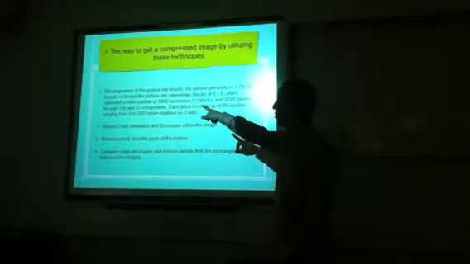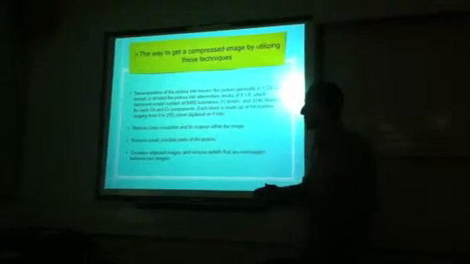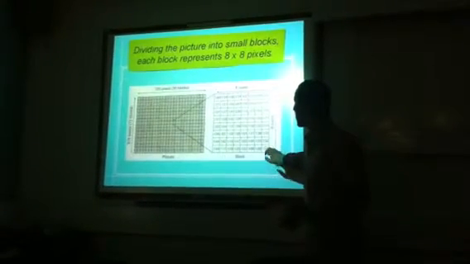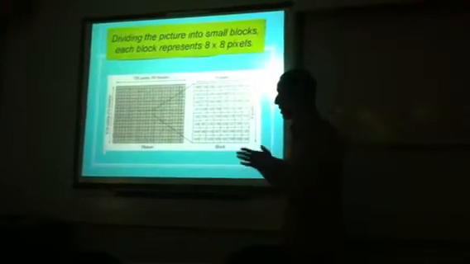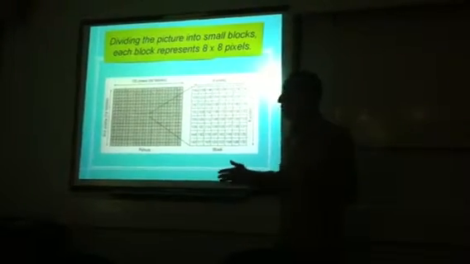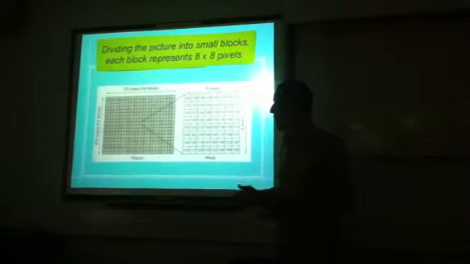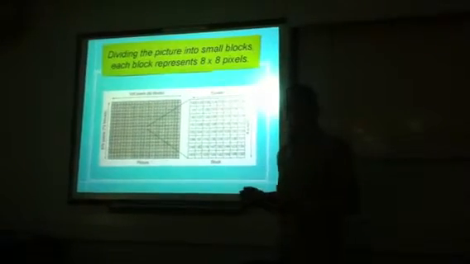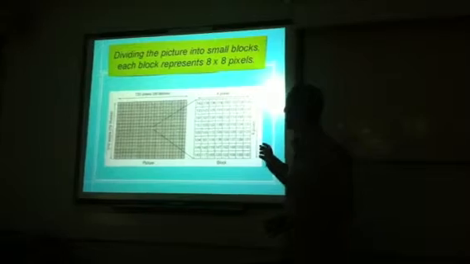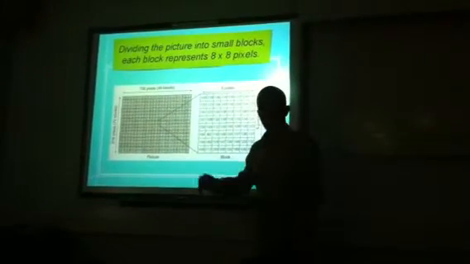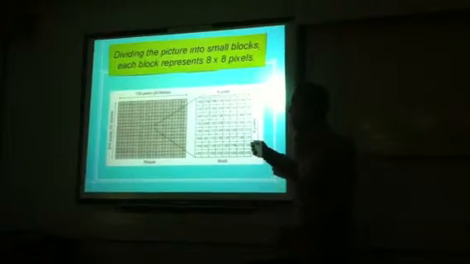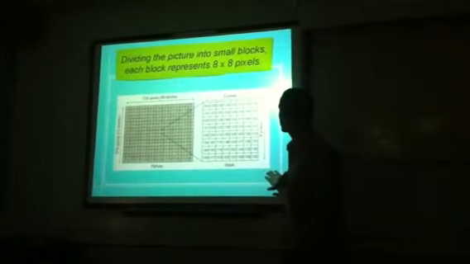The first one is decomposing the picture into blocks. You can see in this picture that the picture is divided into many blocks, and every block represents 64 pixels. And you can reduce the color resolution easily by using this method.